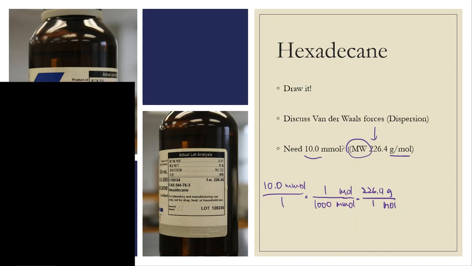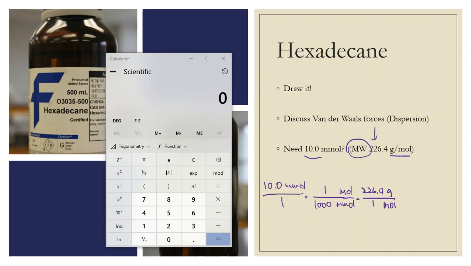All right, so let me pull up the calculator for you. That way you can see that. And I'm just going to key in everything just like we've written it down, all right? So 10 divided by 1,000, and then we're going to multiply by 226.4, and I'm going to hit enter. So this is going to give me about 2.26 grams of material that the lab wants me to use.